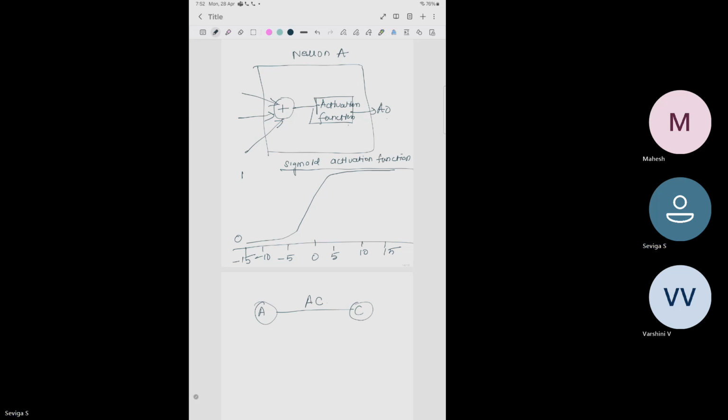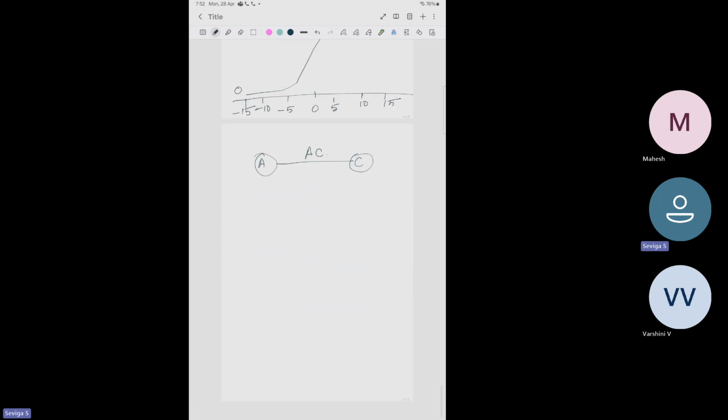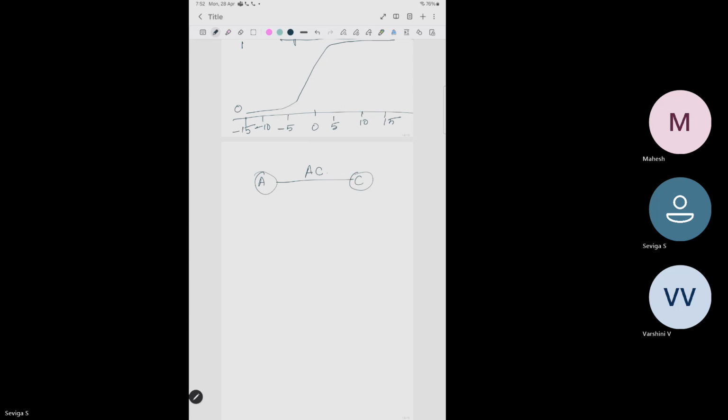So what will happen when we have an activation function in A? The outcome of A is A naught, and this is multiplied by a weight called AC, and then it goes into the activation layer.